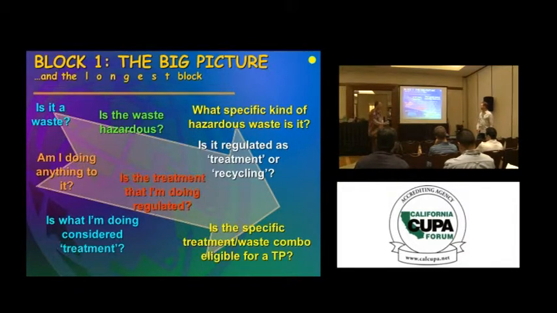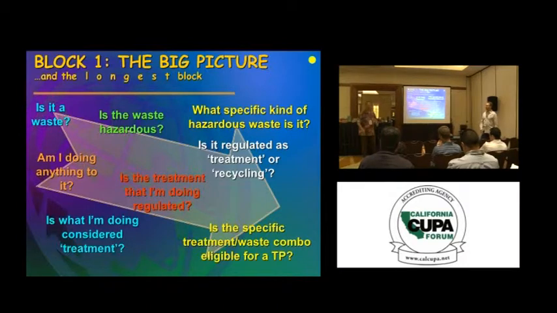We get calls all the time from people. I have particularly oily water wastes. It takes a lot of oil to kill a fish. People say, I've got this oil water separator, and here's what I'm doing with it, so I need a tiered permit. Well, wait, is it hazardous waste? Well, I have to bring in the vacuum truck and suck out the floating oils all the time, and that's a used oil, hazardous waste.